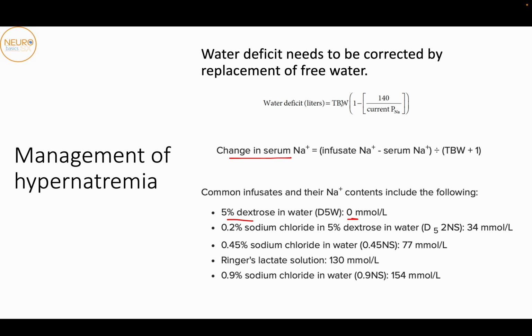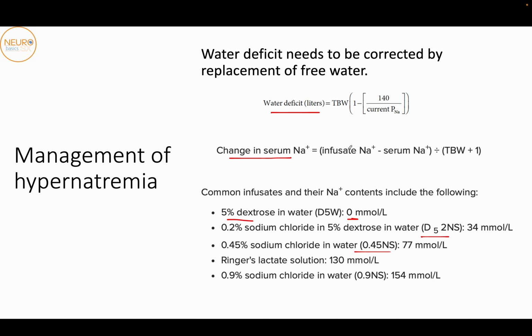You can directly just calculate the water deficit. For example, if it is 500 ml, divided by 24, that will tell you how much should be the rate of infusion of 5D per hour. On the other hand, if you're using any of the other solutions like DNS or half NS, you need to use this formula to calculate what will be the rate of infusion of that.